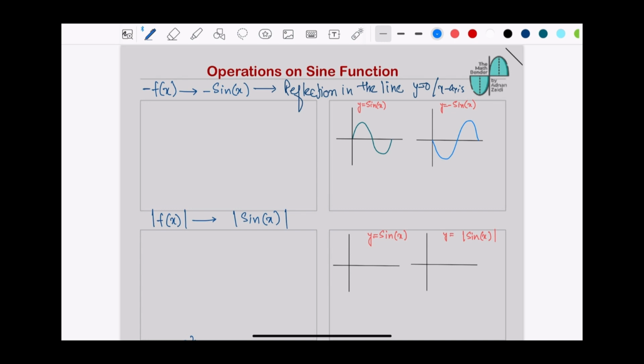This is negative sine of x. The range and domain are the same, 1 and -1. The function exists. We already are aware of the x values, so I don't need to write down all the values and label it again and again.